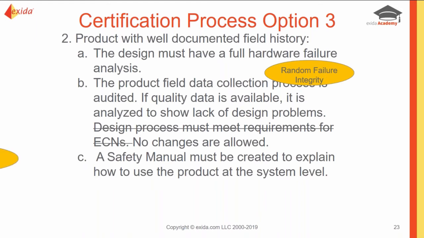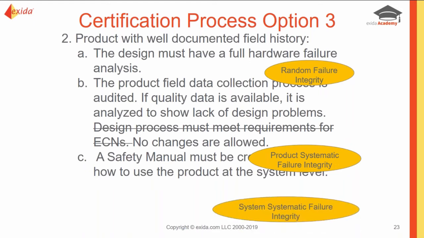However, this time, instead of looking at how your modifications are done, if you're doing an impact analysis, ECNs, all of that, we just simply say, we're not going to worry about modifications, don't touch the product. And then finally, you still have the safety manual because you still need to communicate to your customers all of this information.